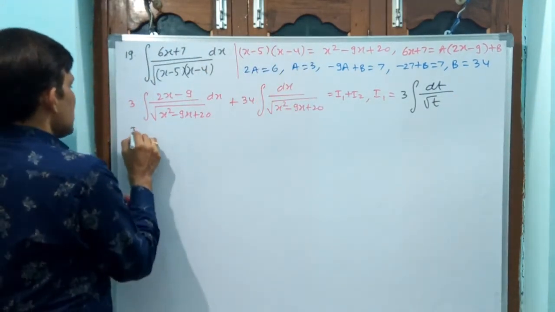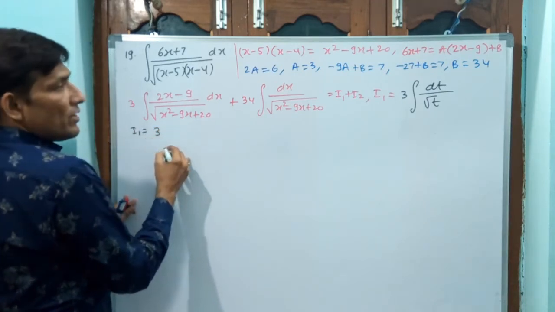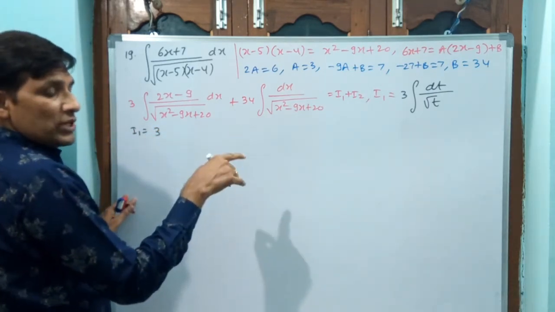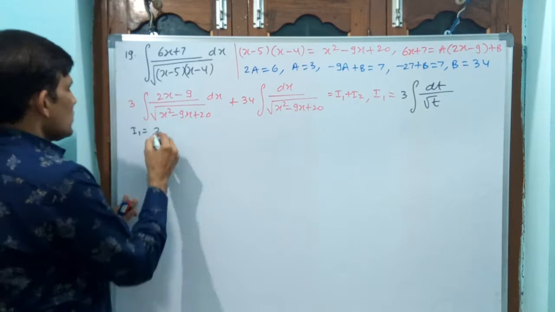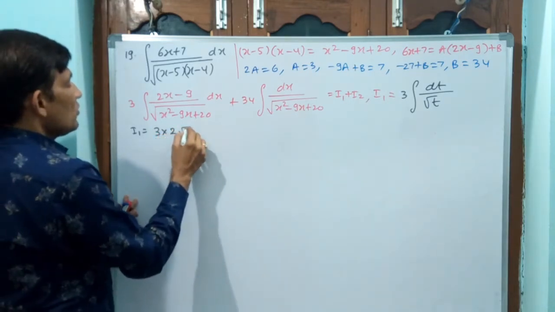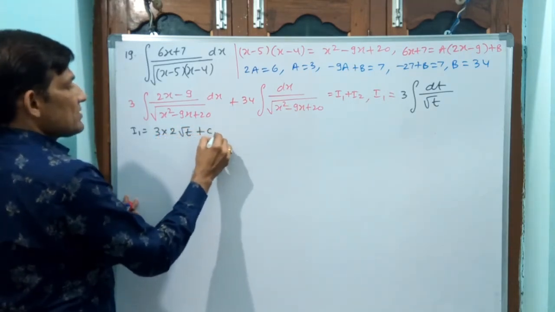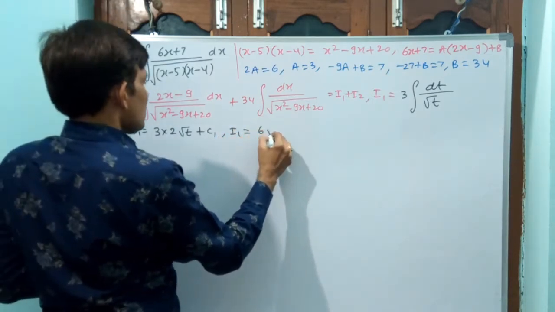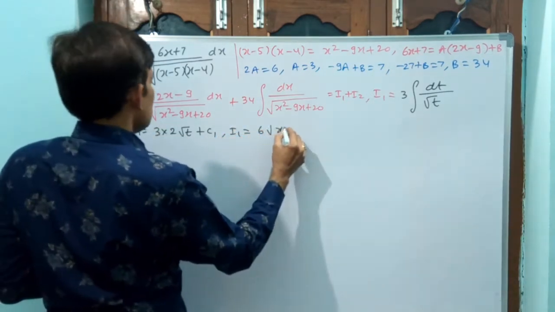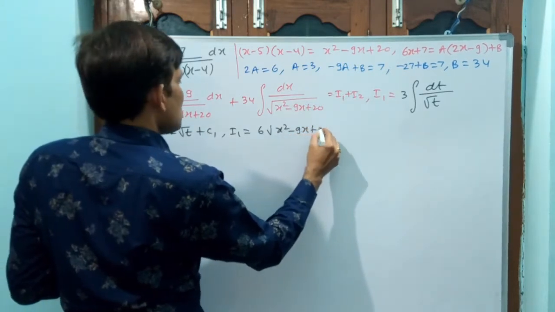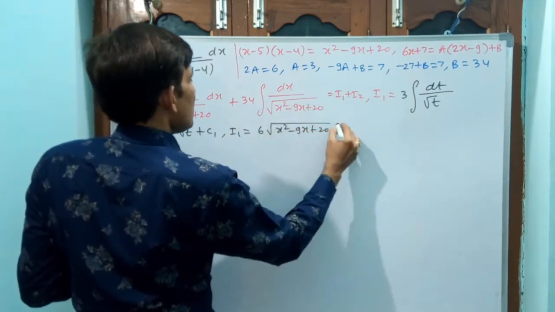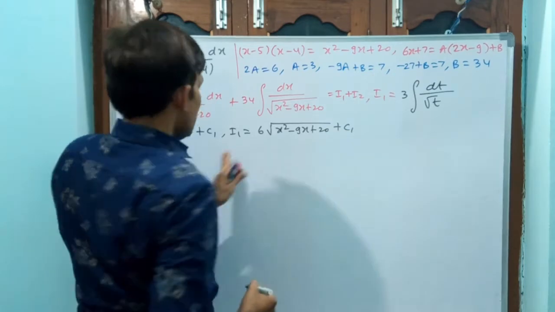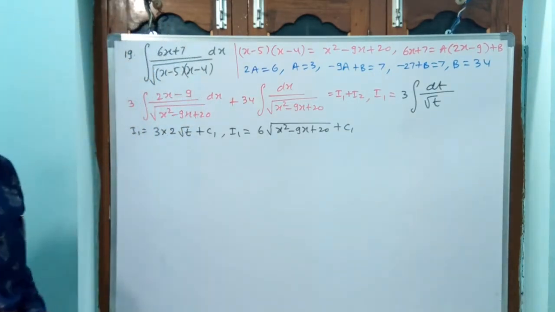I1 is equal to 3 times, 1 by root t integral is 2 root t, so 2 root t plus c1. Or else I1 is equal to 6 root t, that means 6 times square root of x square minus 9x plus 20, plus c1. This will be I1. Okay.